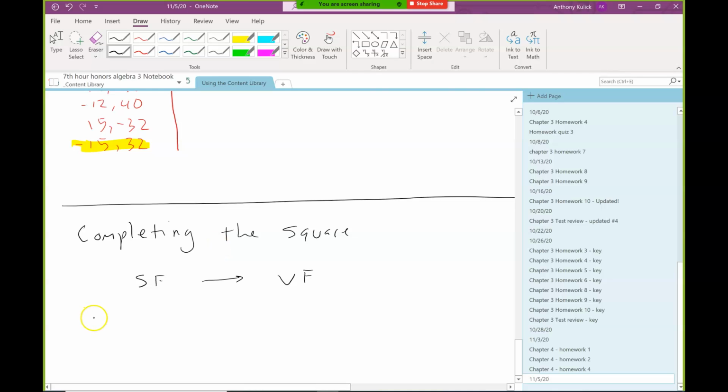So for completing the square, we want to go from a standard form equation to a vertex form equation.